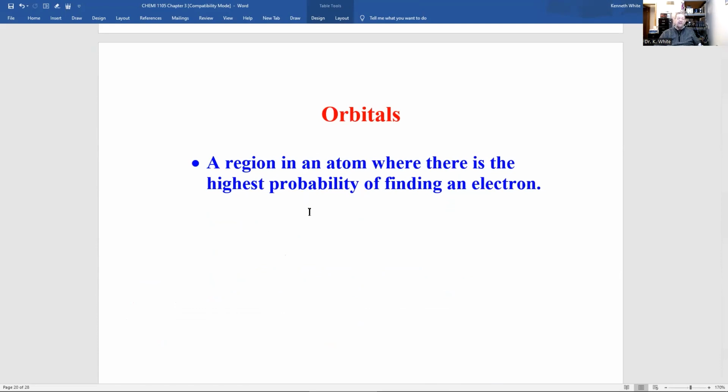Now, when it comes to where the electrons are, there's also something called orbitals. And orbitals are a region in an atom where there is the highest probability of finding a certain electron. What does that mean? Well, if I were all powerful, that would be nice, be dangerous, but nice.